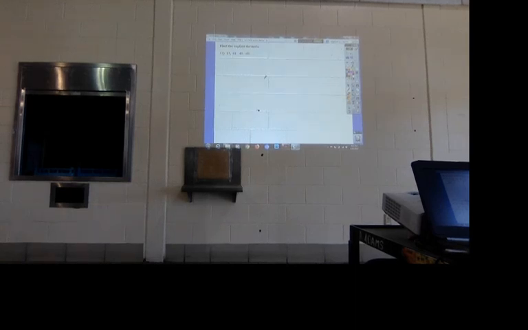Number 17. I'm looking at 17. It says to find the explicit formula. So do they want the next terms in the sequence? No. What is happening here? Plus 4. Plus 4. So is this arithmetic or geometric? Arithmetic. So I have to use the arithmetic formula. a sub n equals, what's my first term? 37 plus or minus?